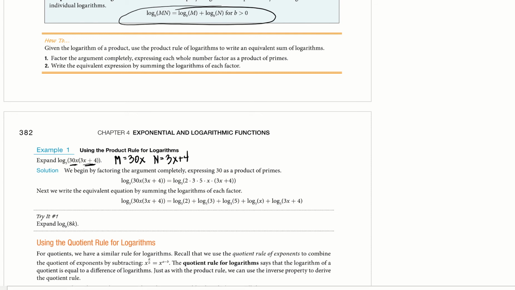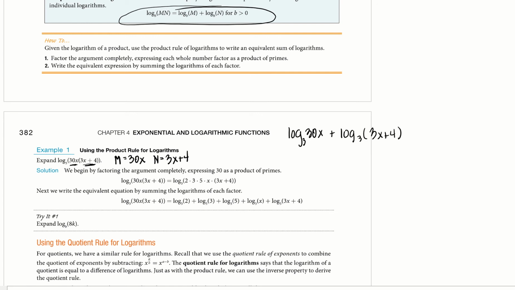And now notice you can keep breaking this up until it is in completely prime logs. So that would give me log base 3 of 30x, plus log base 3 of 3x plus 4.